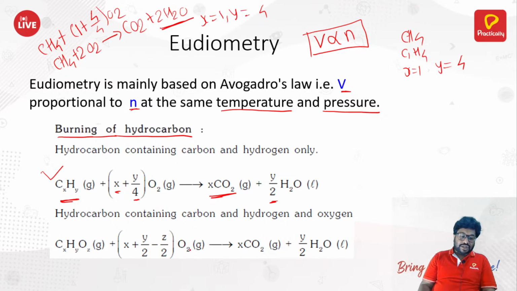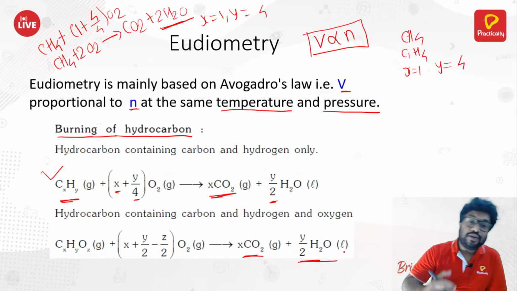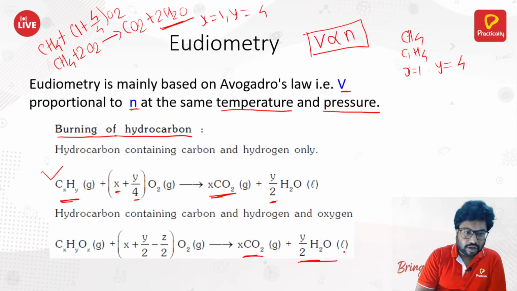On combustion with that much oxygen, you get x moles of CO2 plus y by 2 moles of H2O. That part is constant in both cases. Remember this formula. It will come in handy while solving the numericals. Okay, so moving ahead.